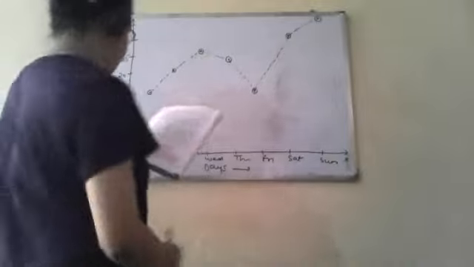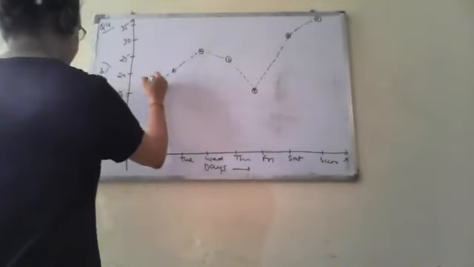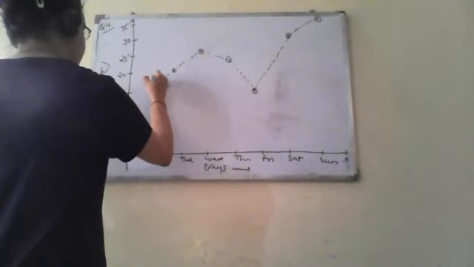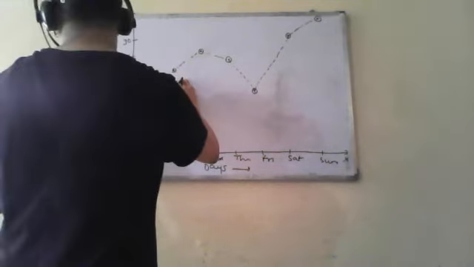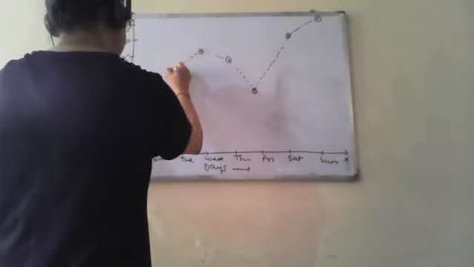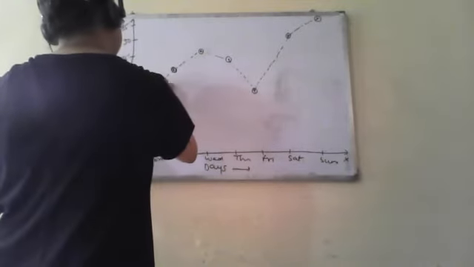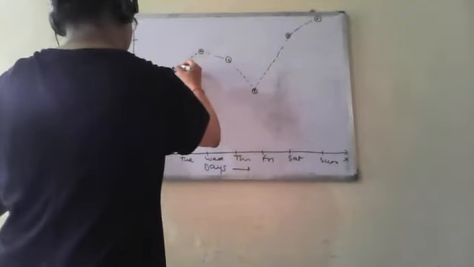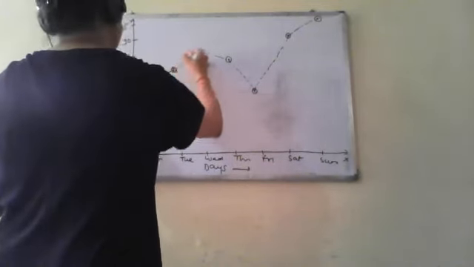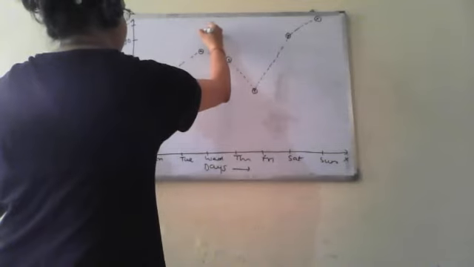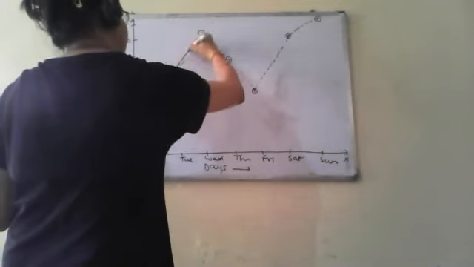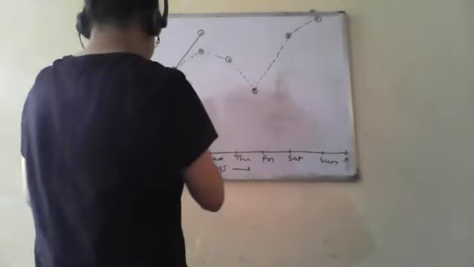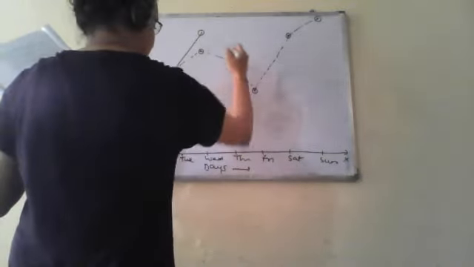Now the actual temperature. On Monday it was, Tuesday it was the same, and on Wednesday it was 30, and Thursday it comes down to 15.